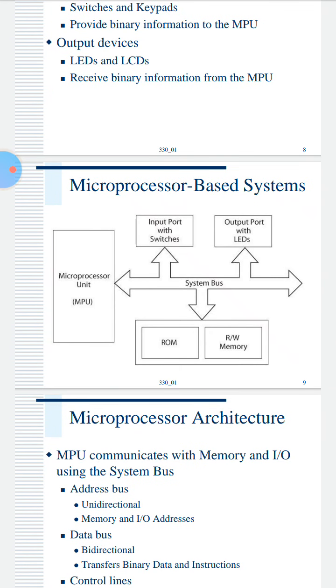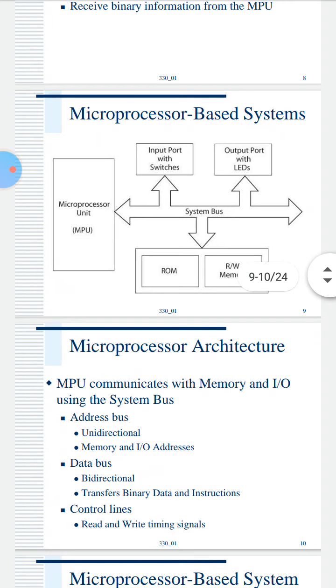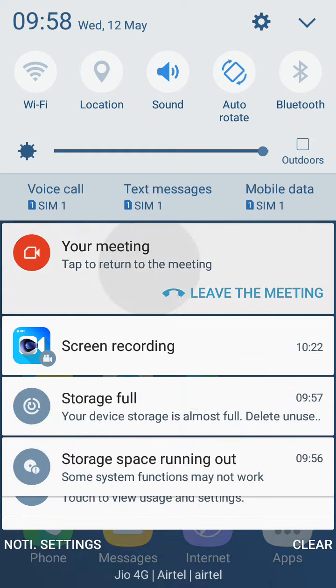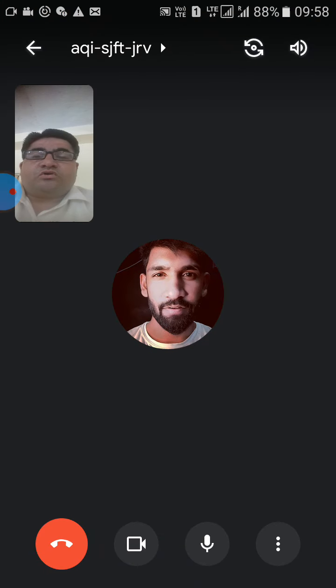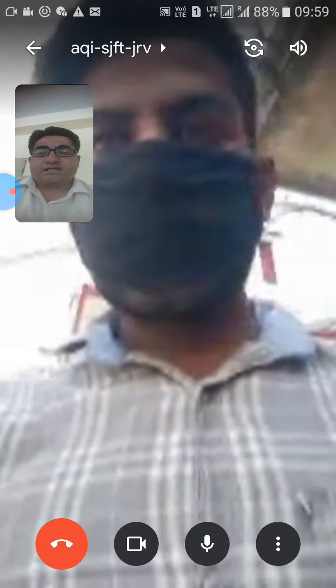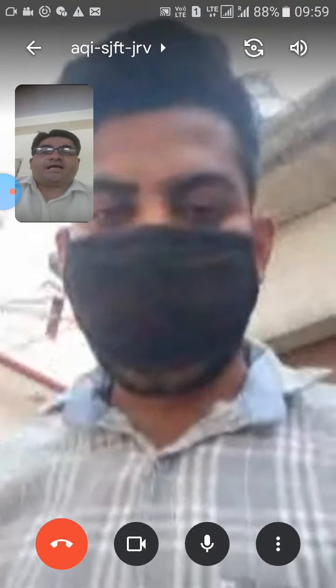In this architecture, the control lines and data buses are very important to study. In the microprocessor architecture part, you also come to know the benefits of the common buses, the benefits of the communication lines, and the rest of the things.